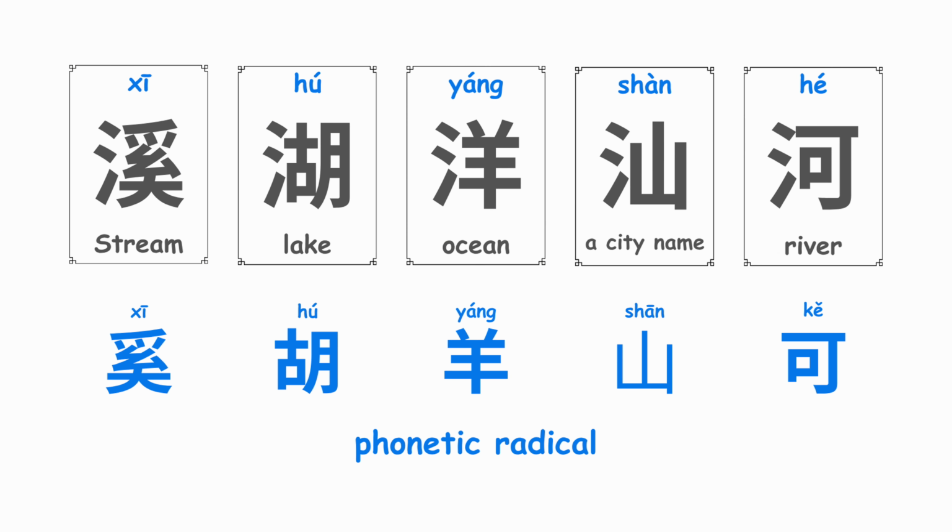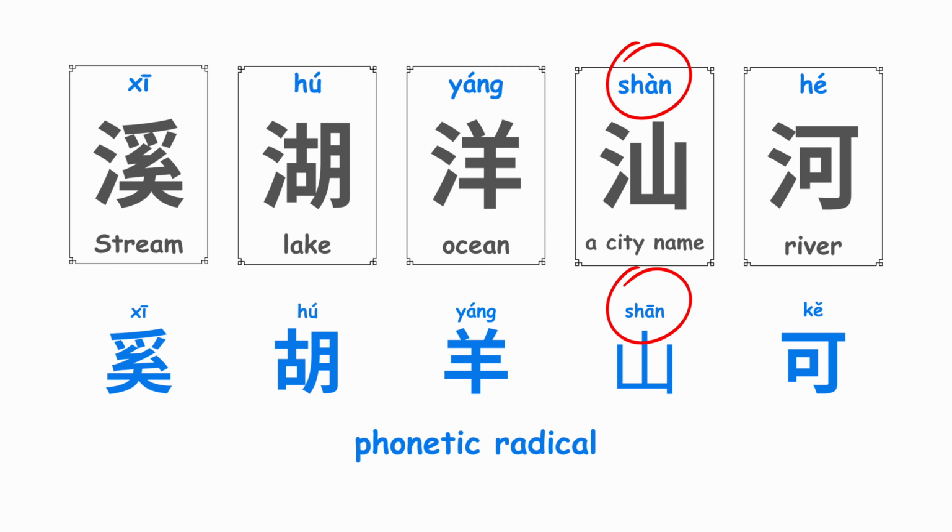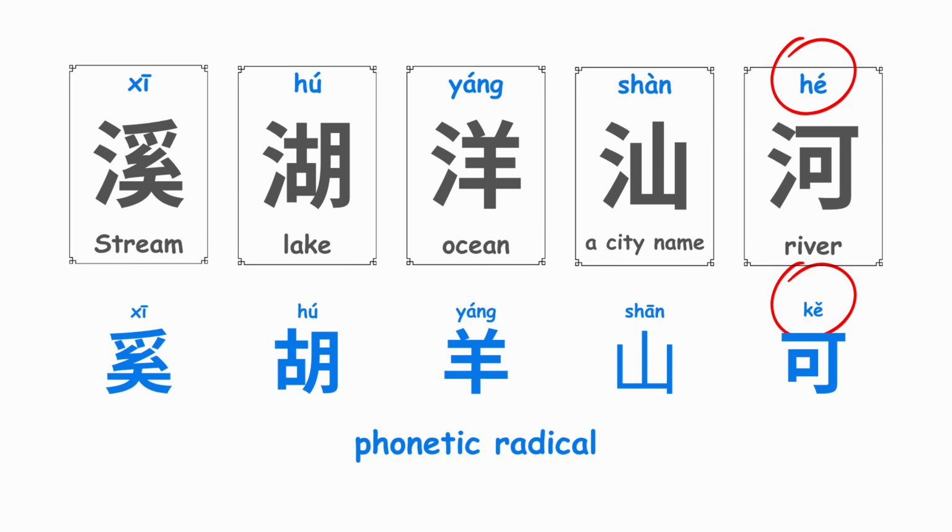Alright, but the pronunciation of the phonetic radical isn't always exactly the same as the new character. Sometimes the tone changes, like in 直, 智, 善. And sometimes the sound only stays similar, like 和, 可. Actually, when these characters were created, their sounds were the same.